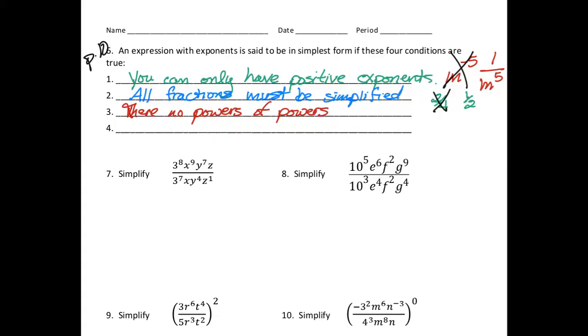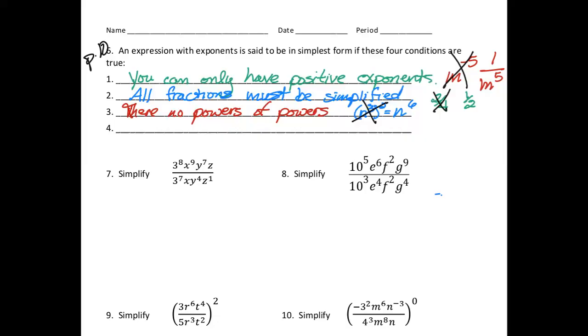You cannot say n to the 3rd power and leave a 2 right there. You have to simplify that so it is n to the 6th. So you can't leave a power on a power.